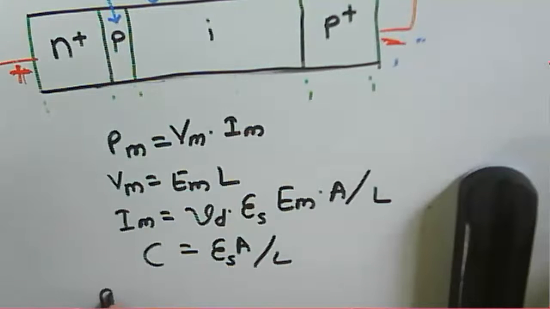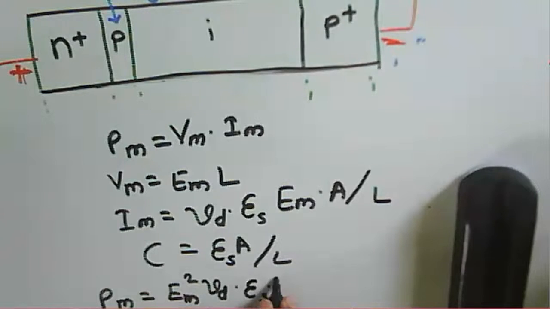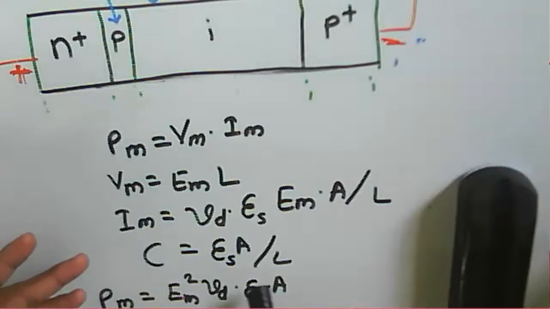So we calculate PM, that is equal to what? PM is equal to A EM square Pd into epsilon s into A. Or in this case we can write it in terms of the capacitance also. Epsilon A over L is nothing but C.